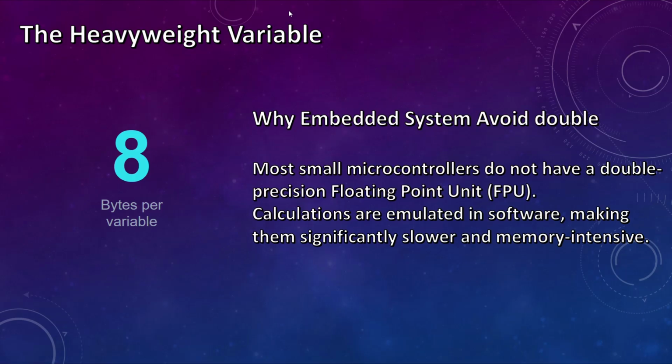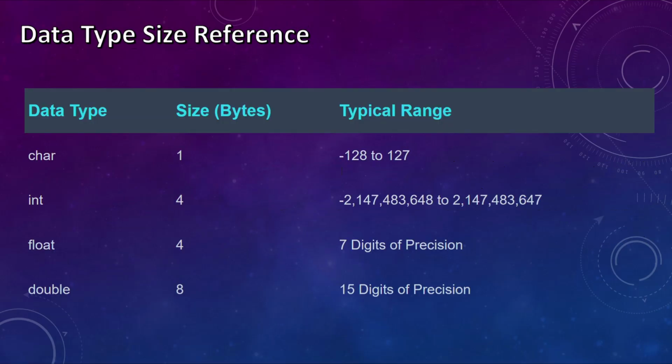Okay, so now let's compare these sizes. A character usually occupies 1 byte. An integer occupies 4 bytes.